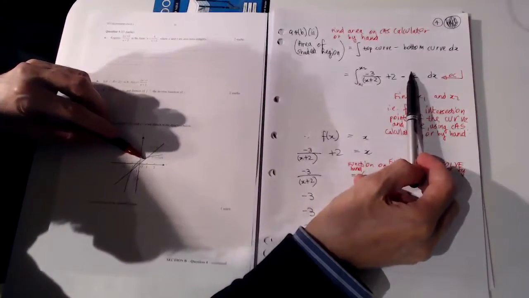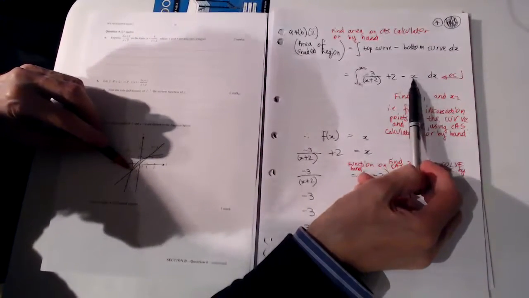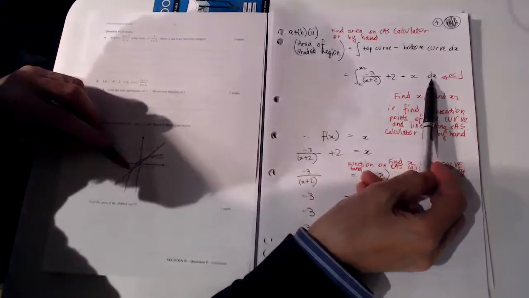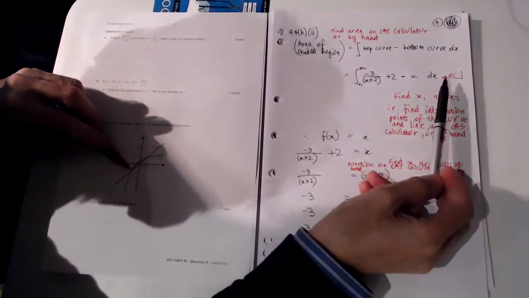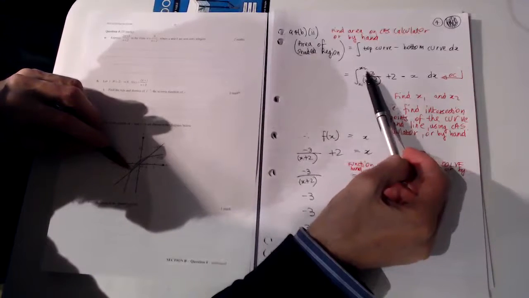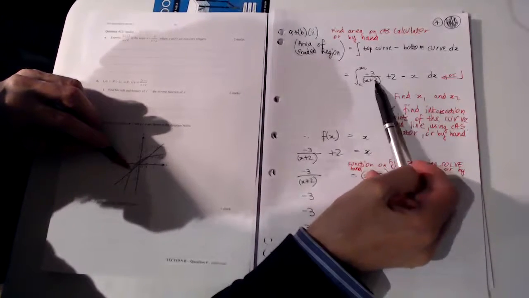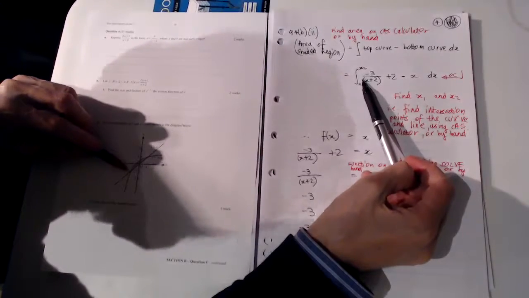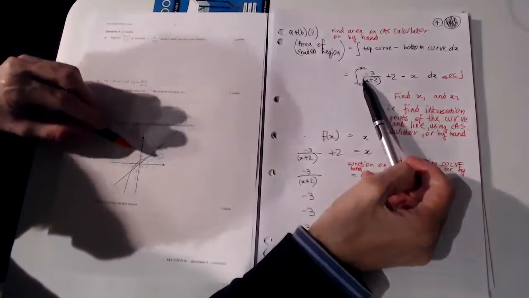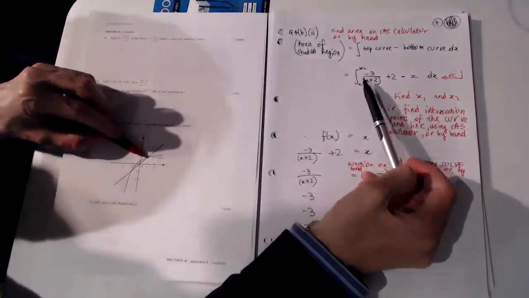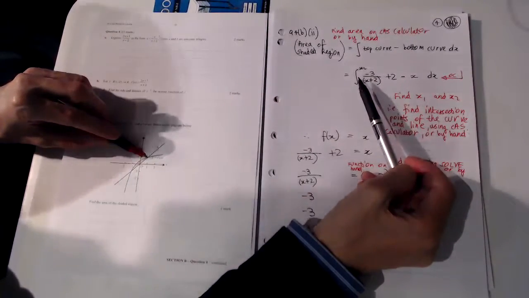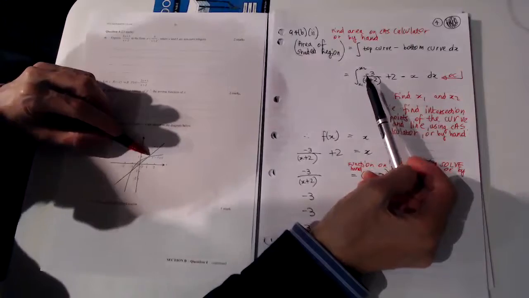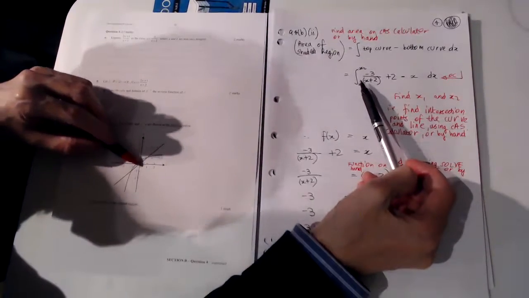The bottom curve is that straight line y equals x, so it's minus x dx. Now, to work out this by hand, you've got to find the intersection points between the curve and the line here. So you've got to find x1, x2.